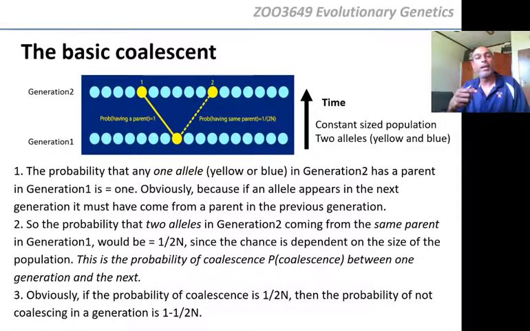And so that way, we can figure out the probability going back many generations, because each generation where two individuals do not coalesce, it's simply 1 minus 1 over 2n, until you get to the generation where it's 1 over 2n and they do coalesce. And you work backwards in time, generation after generation, until you find that place where all the alleles coalesce to a common ancestor, the TMRCA, the most recent common ancestor.